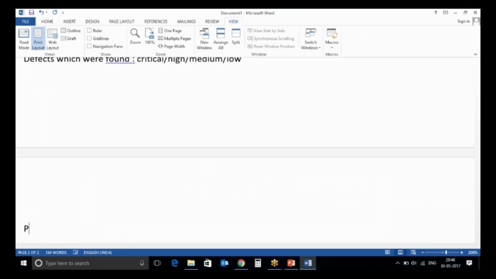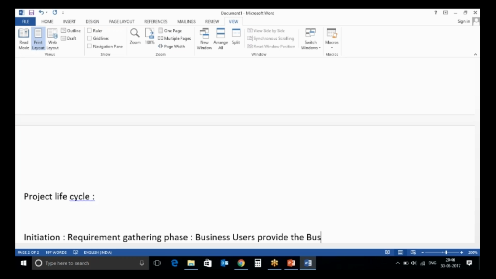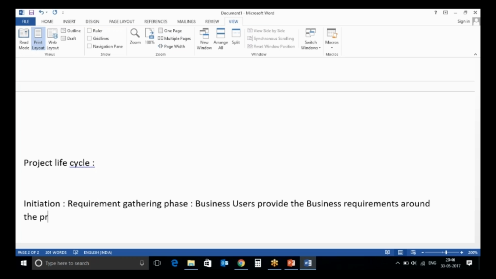If we talk about a project life cycle, the first phase is initiation. This is the requirement gathering phase, where business users provide the business requirements around the product which is to be developed.